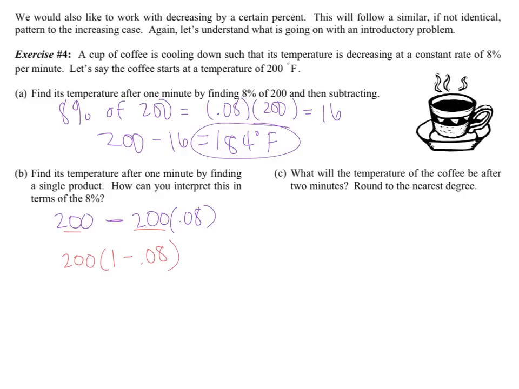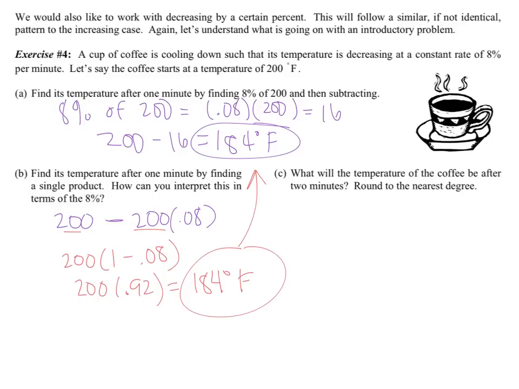Well, 1 minus 0.08 is 0.92. So 200 times 0.92 gives you 184 degrees Fahrenheit, which is what we see up above.